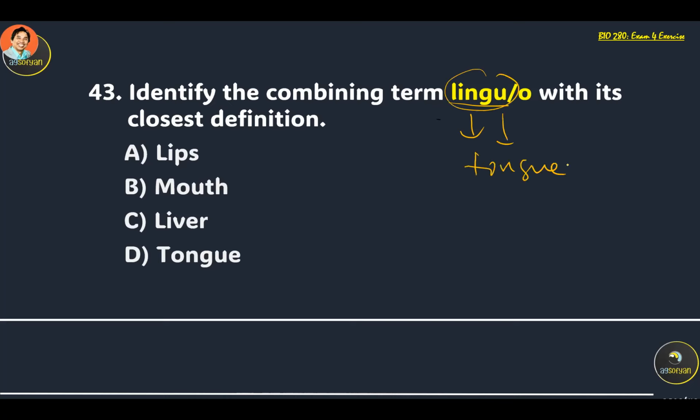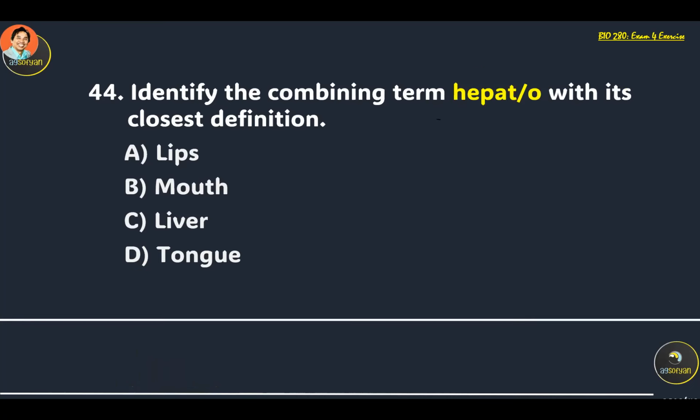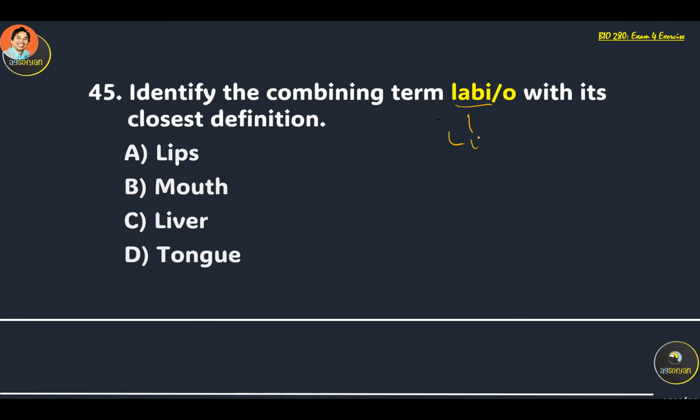So glossolingual is the same meaning, which is the tongue. Hepato, A, B, C, or D. Hepar means liver. Okay, so this is going to be liver. Labio, A, B, C, or D. Labio is the lips.